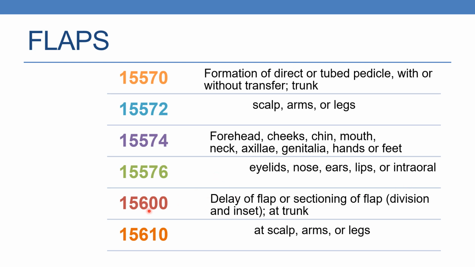The next code is 15600, delay of flap or sectioning of flap, location trunk. The next is 15610, delay of flap or sectioning of flap, at the anatomical region scalp.